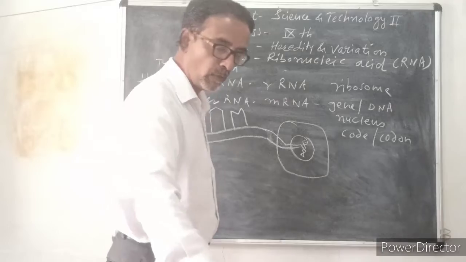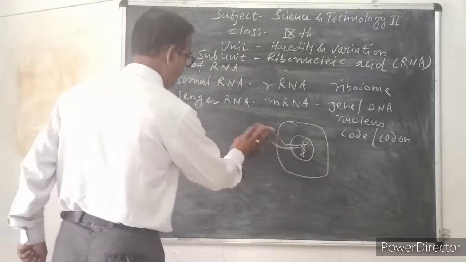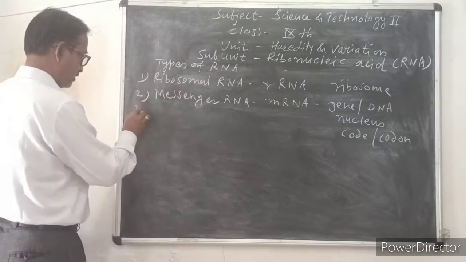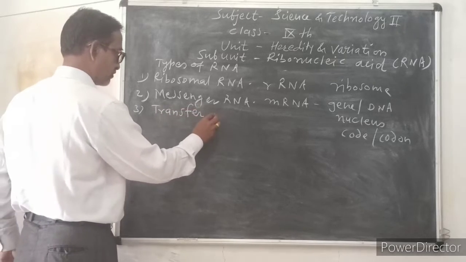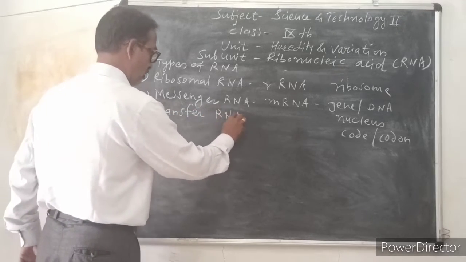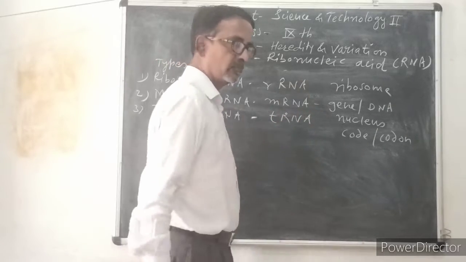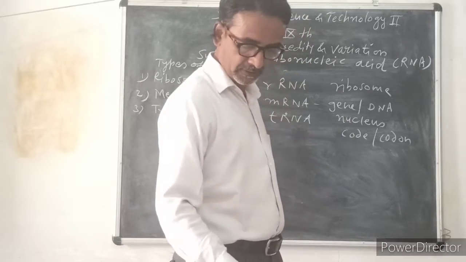Then the third type of RNA is called transfer RNA, also called tRNA. The third type of RNA, the shape of this RNA is like this.